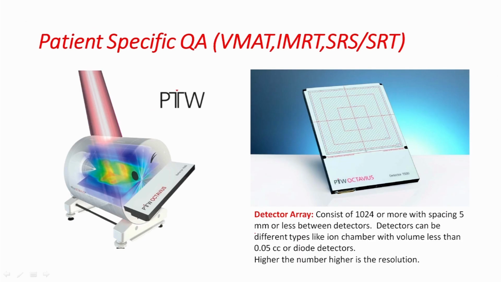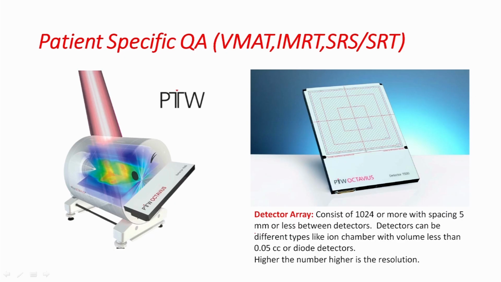Okay. The next important quality assurance is the patient specific quality assurance test. This is the only quality assurance which is dedicated to the individual patient. All previous quality assurances which we learned are common for the whole equipment, and are performed to quantify the complete machine.